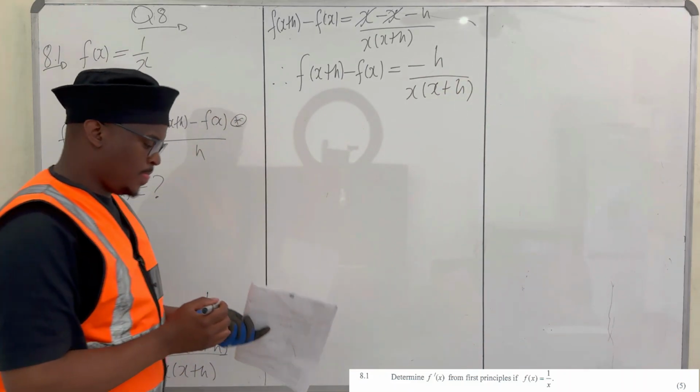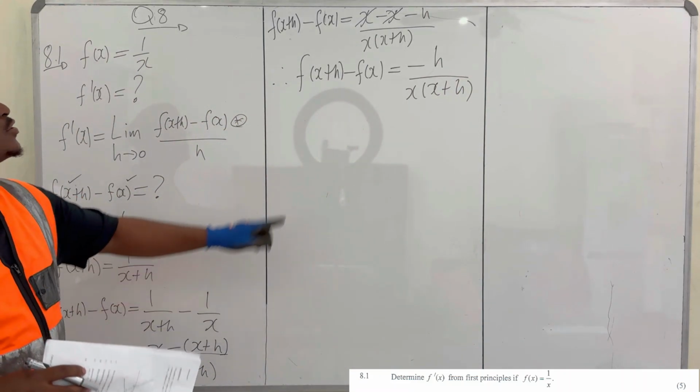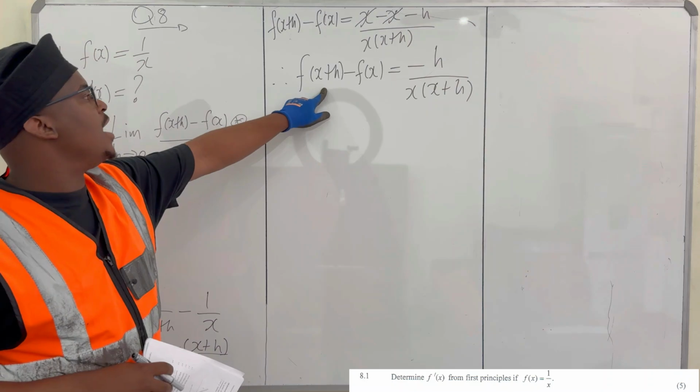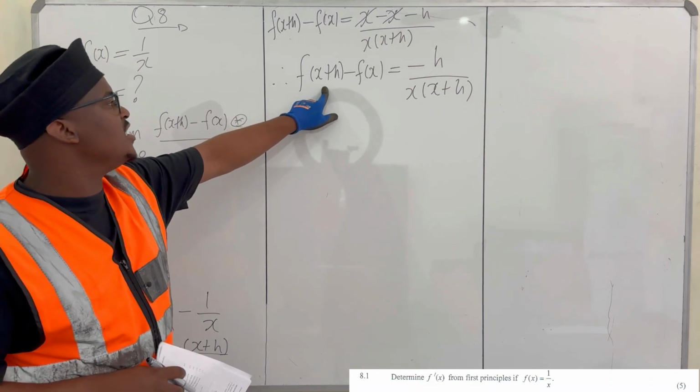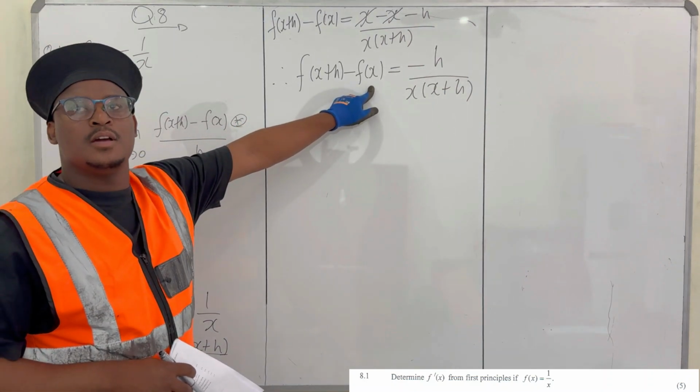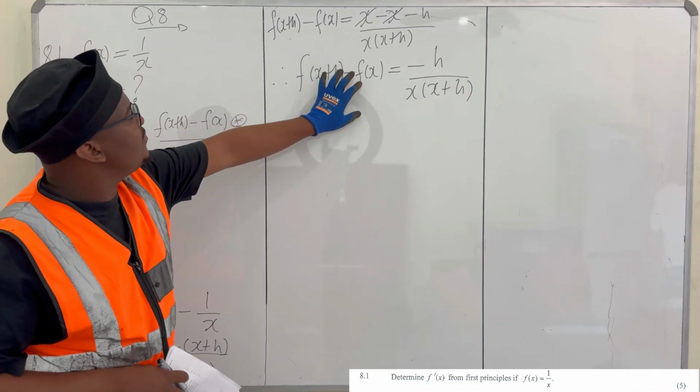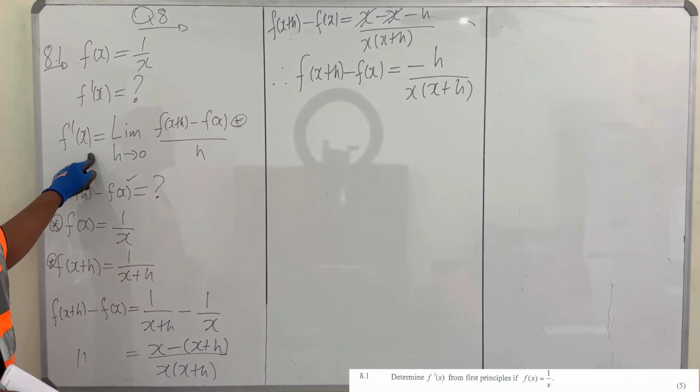So you managed to find the difference between f at x plus h and f at x. Now you take what you have here and substitute it into your definition.